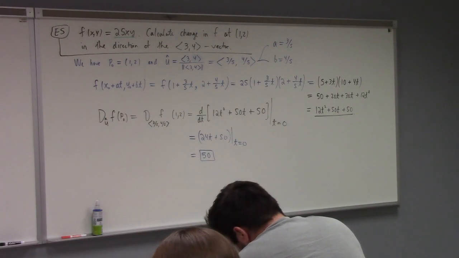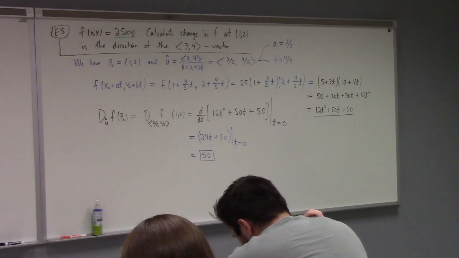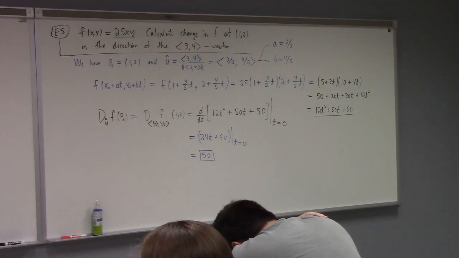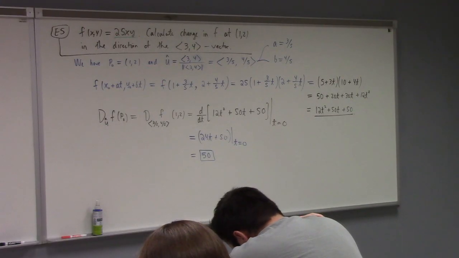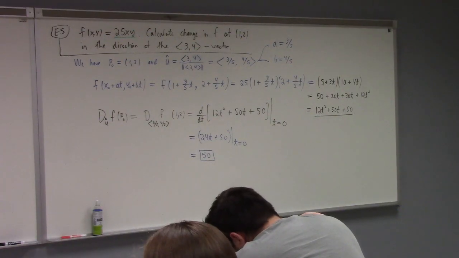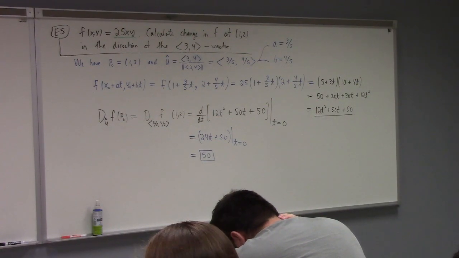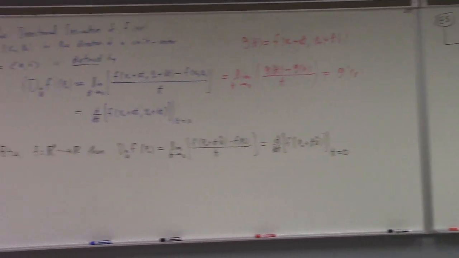So D_x-hat of f at (1, 2) should be equal to the time derivative of f(1 + t x-hat, 2) evaluated at t equals 0. D_y-hat of f at the point (1, 2) is the time derivative of f at (1, 2 + t y-hat) evaluated at t equals 0.